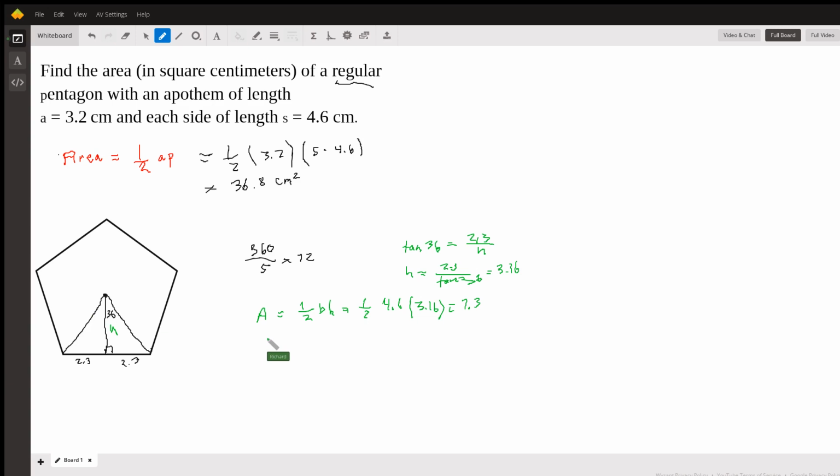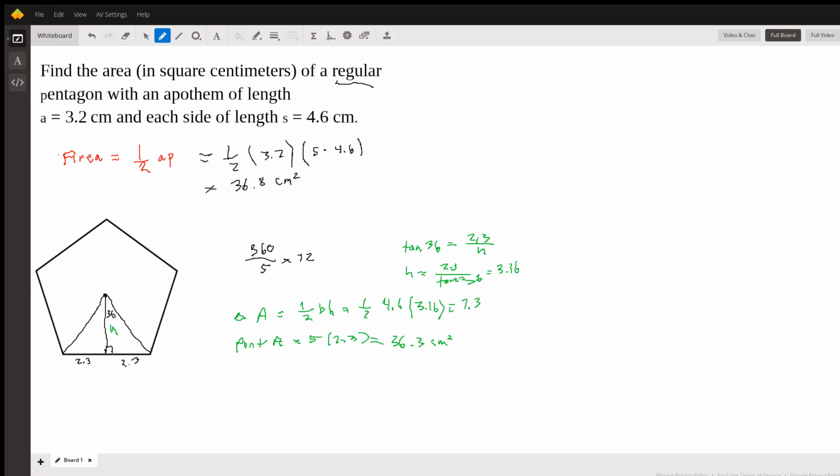And we're going to have 5 of these. So this is the triangle area, and then the pentagon area is just going to be 5 of these times 7.3. So my calculator is giving me 36.3 centimeters squared. So you can see the numbers in the original problem are actually just rounded, and that's the difference. And we get the same answer either way.